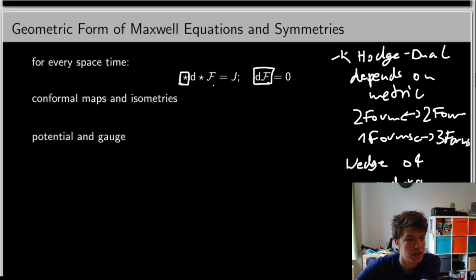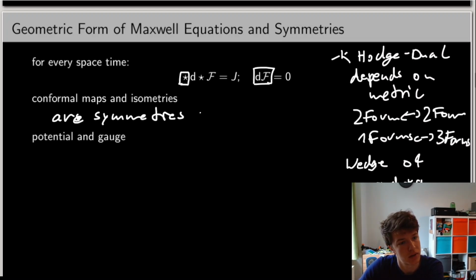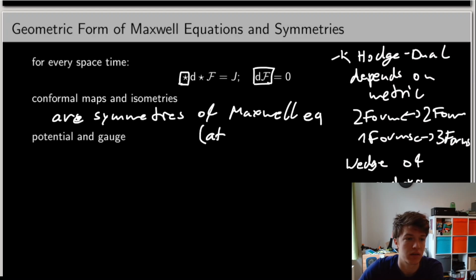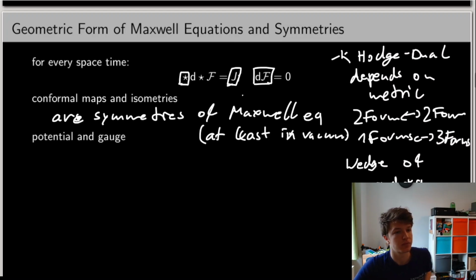So what we now see is that conformal maps and isometries are symmetries of Maxwell equations, or at least in vacuum, because in case of non-vacuum we have that J is just unequal 0, but in case of vacuum this is 0.